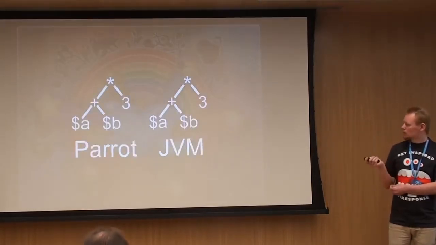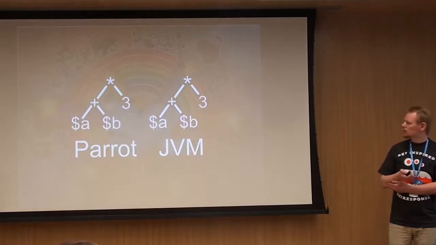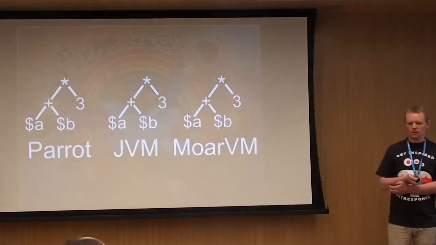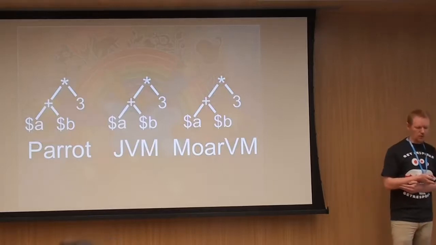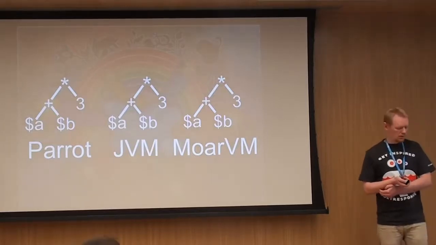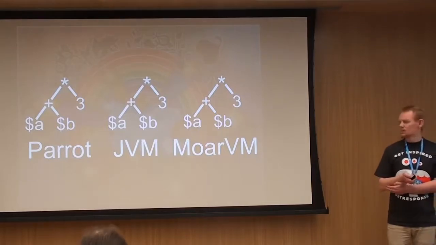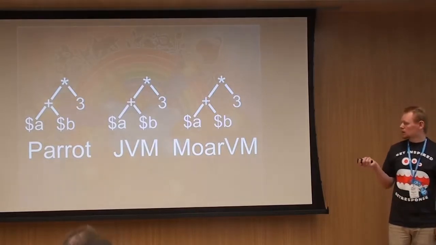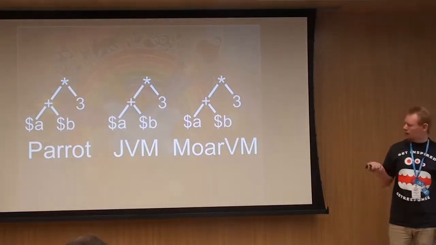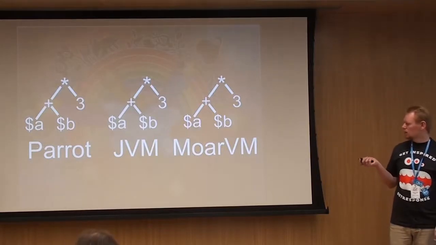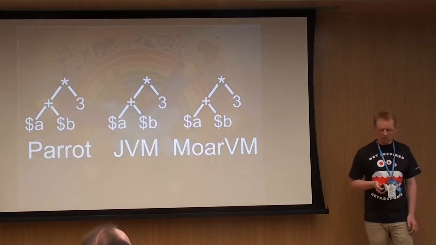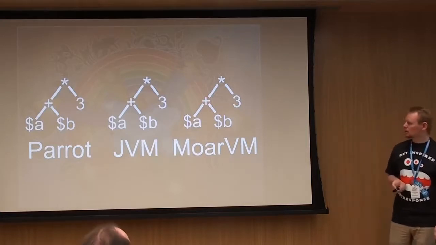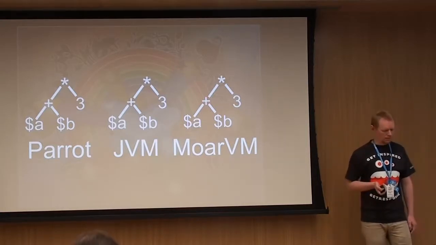So you can always have the same AST that you can use for several backends. So when you write a slang, for example, you only have to care to produce one AST and the backends do the rest. So you don't have to care what the backend is. If it runs later as operations on the JVM or in MoarVM or Parrot, and yeah, we'll call C functions, for example, you don't have to care. You only have to care about one AST.